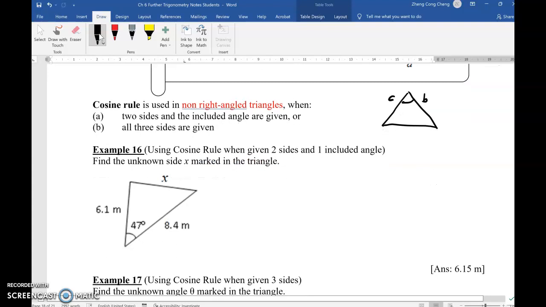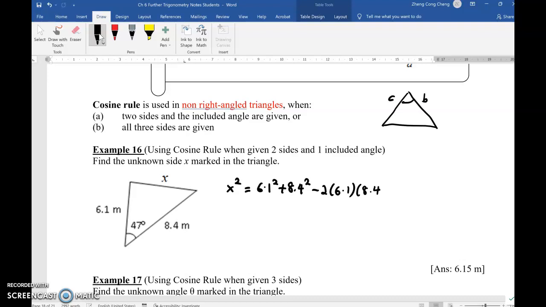So for example, if I'm given a triangle like this, we can say that x squared is equal to 6.1 squared plus 8.4 squared minus 2 times 6.1 times 8.4 cosine 47 degrees.